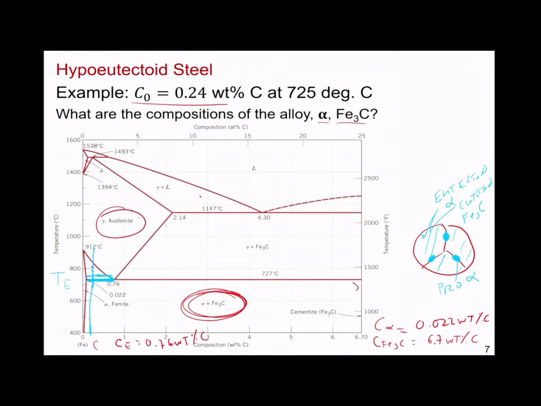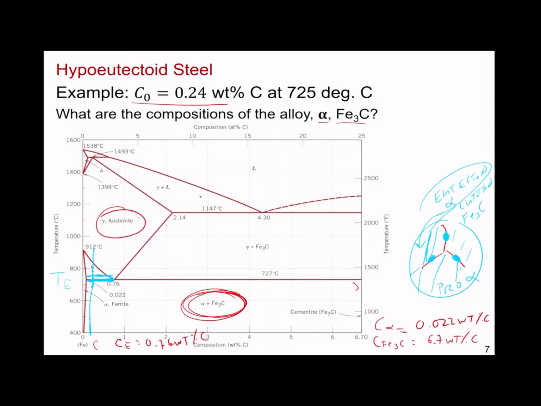Yes? What is the eutectoid alpha and eutectoid Fe3C pointing to? It is pointing to this white space right here. This is pointing to all the white space. And eutectoid Fe3C is pointing to these lines specifically.